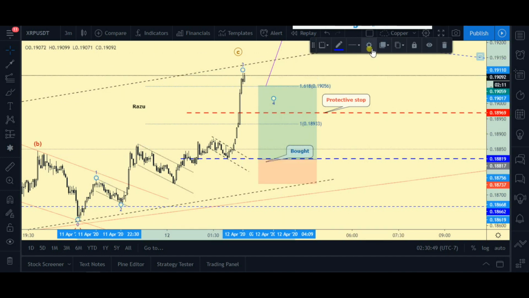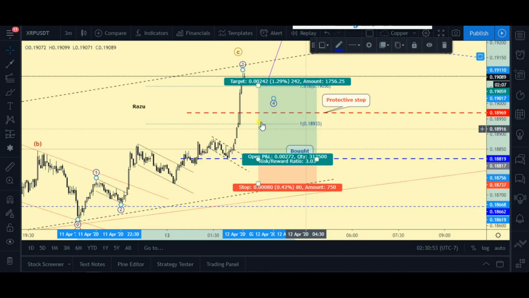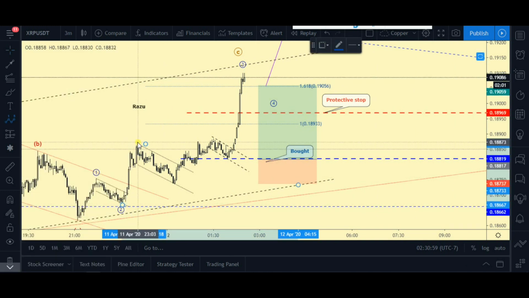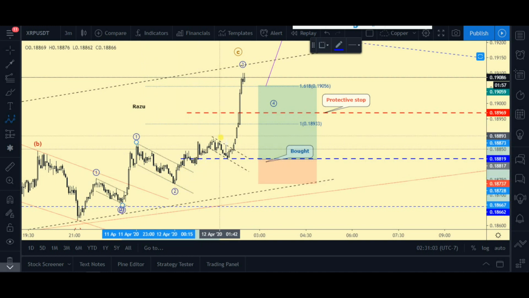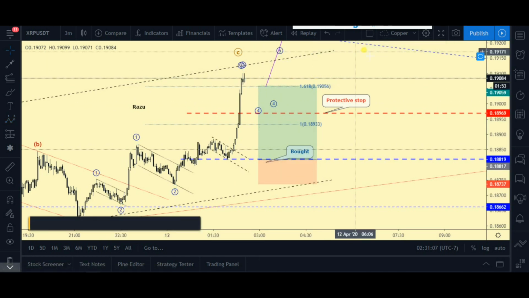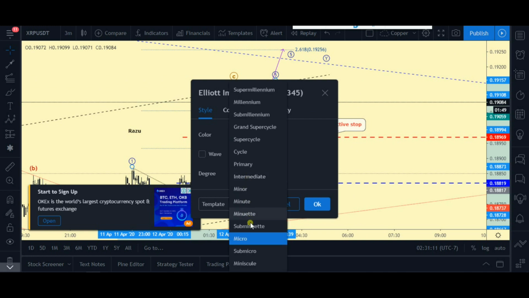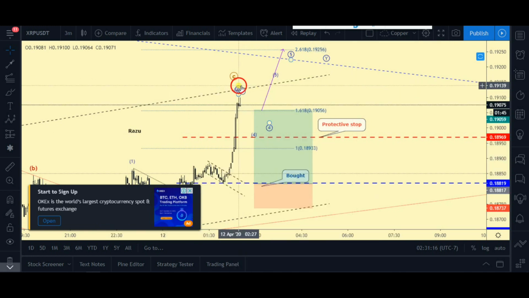If I label this, you can see that this is the first wave, this is the second wave, and the third, fourth and fifth. So still there is a huge possibility that this could move much higher.